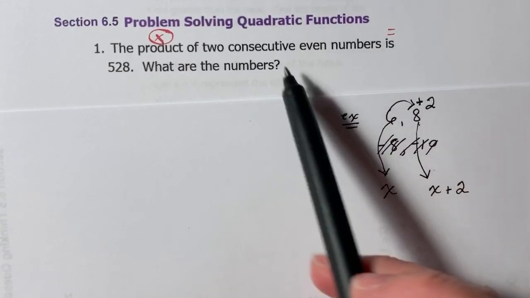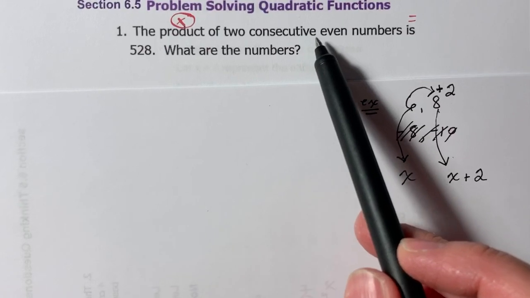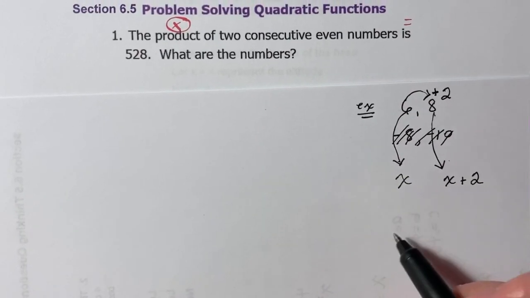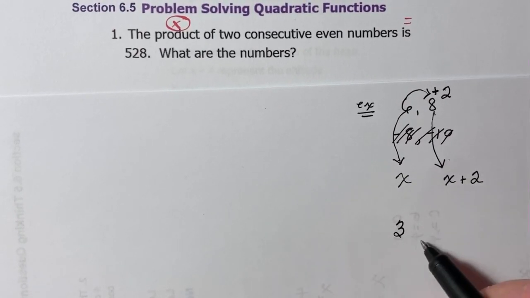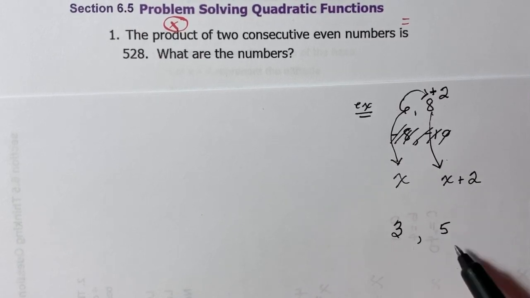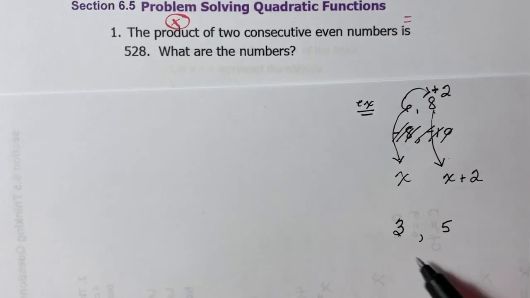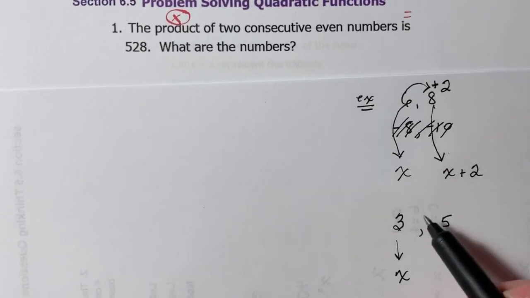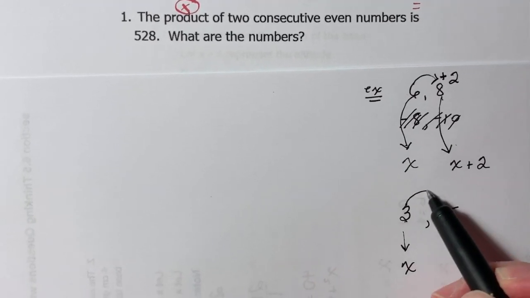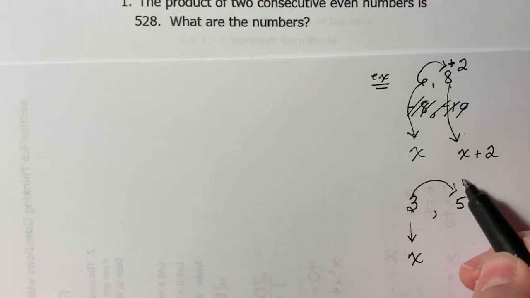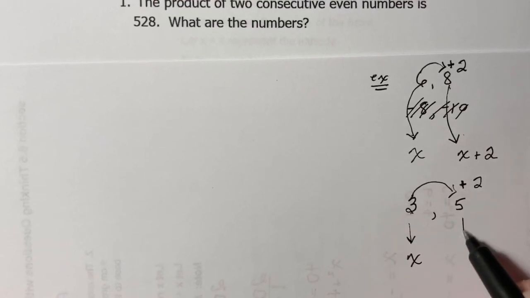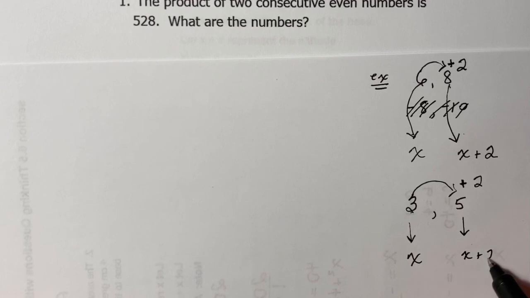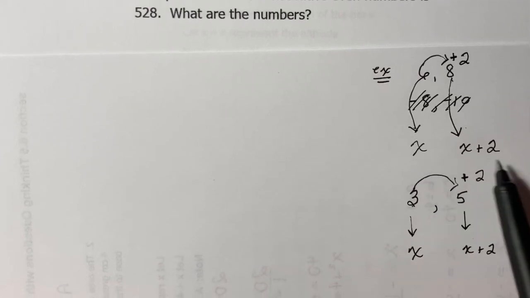Now, if you have a question similar to this, let's suppose it was consecutive odd, do the same idea. I'm just going to take an example of consecutive odd. Okay, these are consecutive and they're odd numbers. I don't know this. I call it x. Again, think about how do you go from 3 to 5? You add 2. So this one would be x plus 2. So if it's consecutive even or consecutive odd, it's the same.